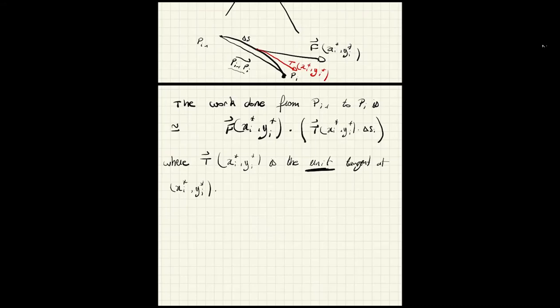So as we take the limit, the total work: we divided this curve into these very small lines, right?